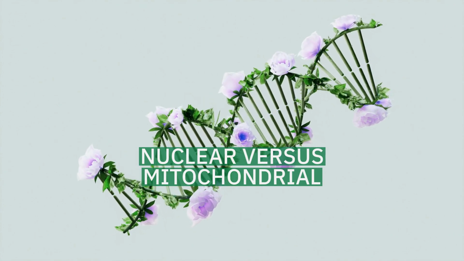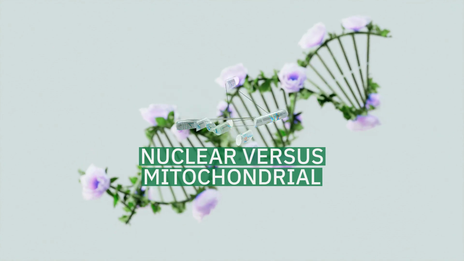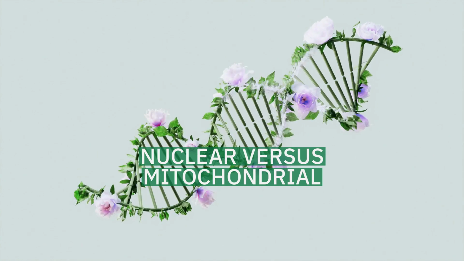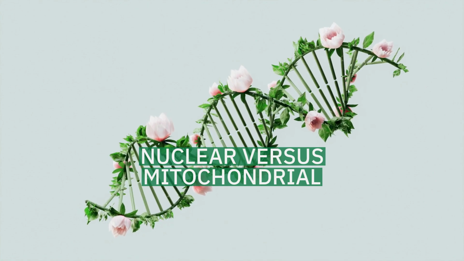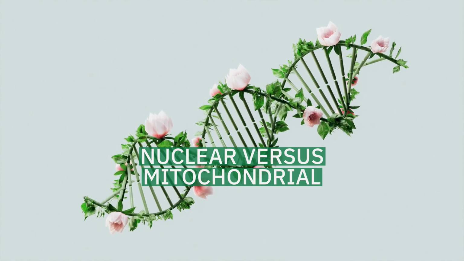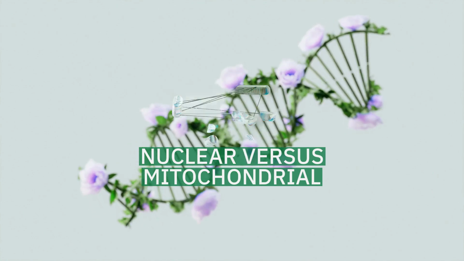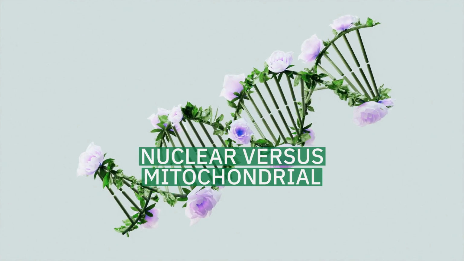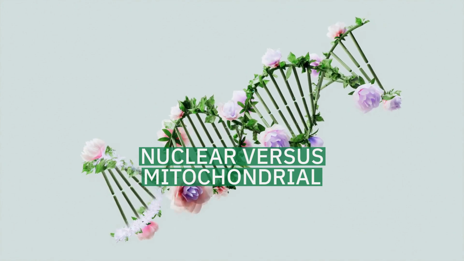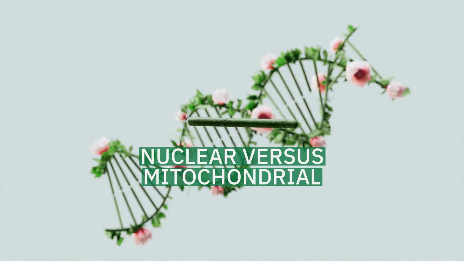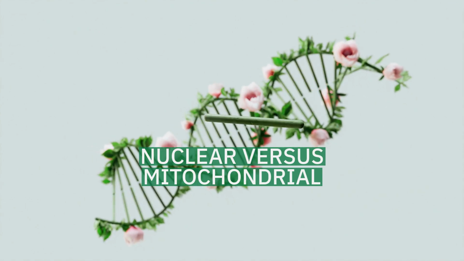In human cells, and eukaryotic cells in general, DNA is found in two cellular locations: inside the nucleus and inside the mitochondria. Nuclear DNA exists as chromatin during non-replicative stages of the cell cycle and is condensed into aggregate structures known as chromosomes during cell division.